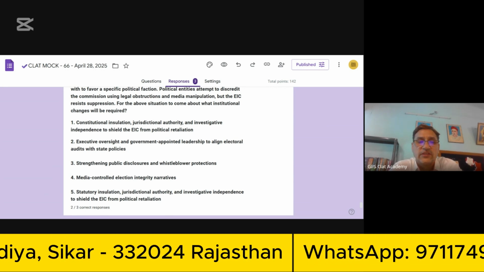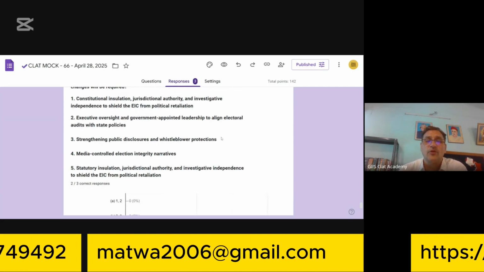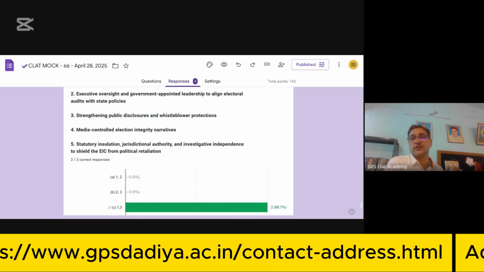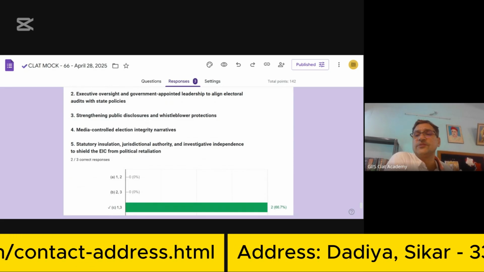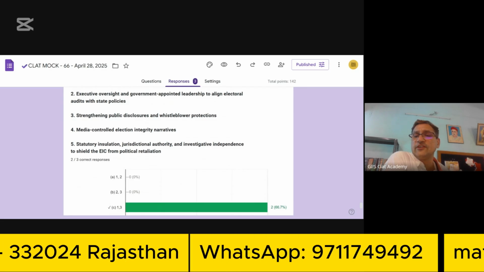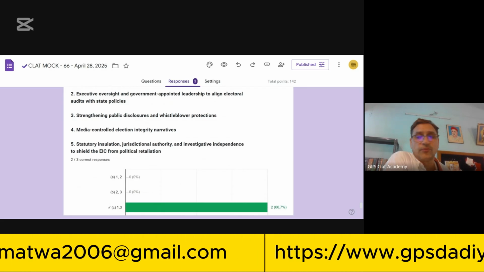Strengthening public disclosures and whistleblower protections. Now, if you strengthen the whistleblower protections, this surely is going to help, because whistleblower protections basically mean that if something wrong is happening and you come to know about it, then if you complain about it, your identity will be kept secret, right? Those are whistleblower provisions.